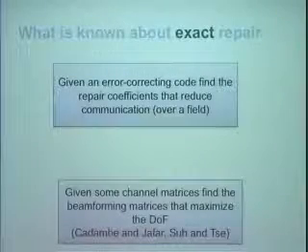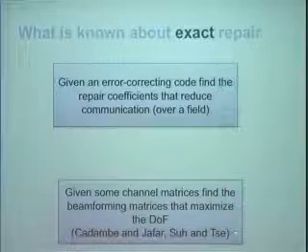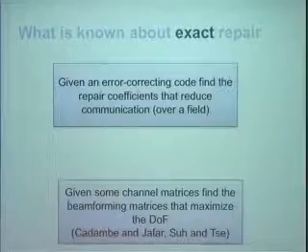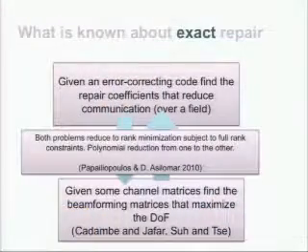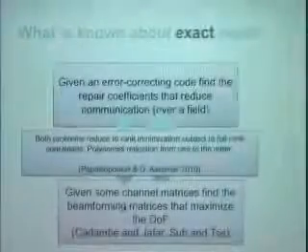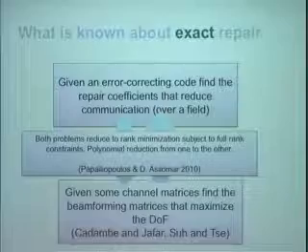This is another problem. You give me channel matrices in the wireless interference channel, and I have to choose the beam-forming matrices that maximize the degrees of freedom of that wireless interference channel. So the one result that we established recently with my student is that both of these problems are basically the same problem. Basically, if you had the box that could solve one, you could use the box to solve the other.